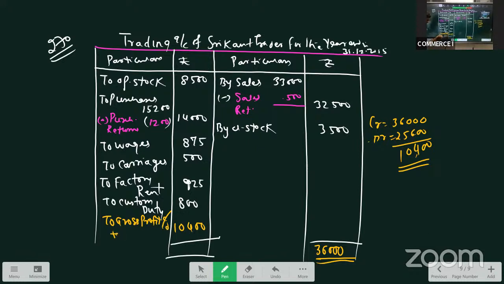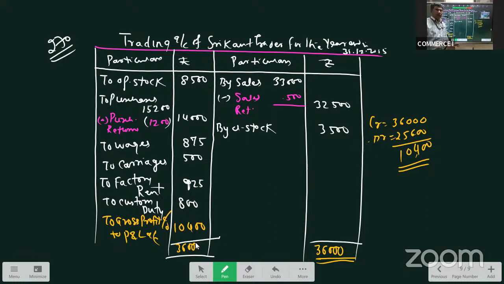It is carried down to profit and loss account. From here, it will be transferred to the next account, which is profit and loss account. It's so simple, no? You can easily bag marks for this. Trading, P&L and balance sheet.